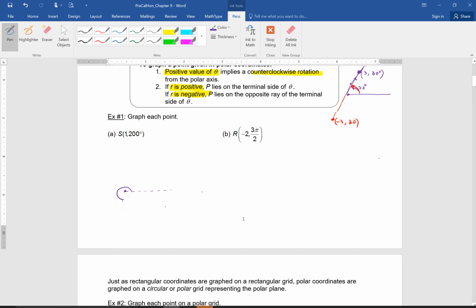And what's your R here? 1. So what's the distance that you go? 1. So here, that's the terminal side, right? Now you go a distance of 1, so that's your S. Well, we're just graphing randomly here. Eventually we're going to graph on an actual grid.